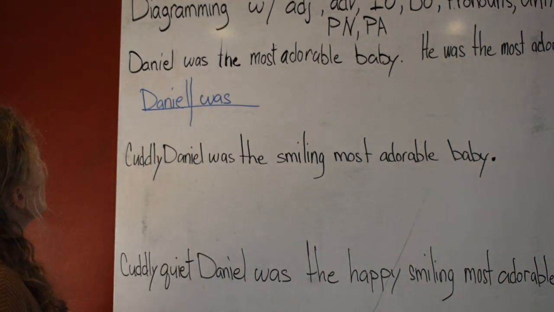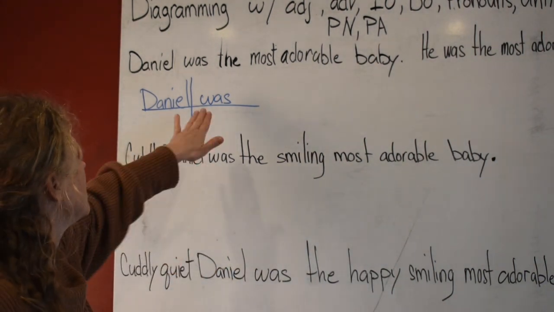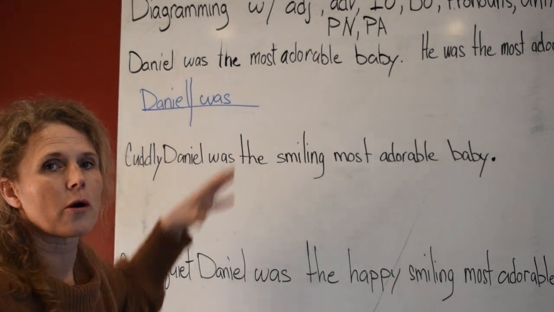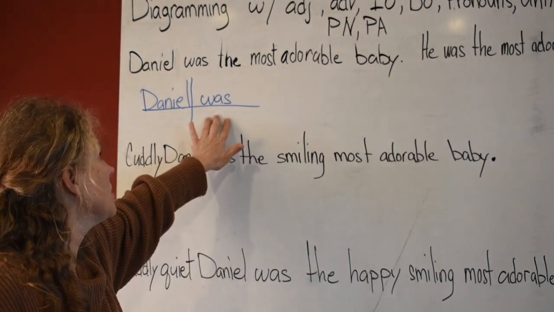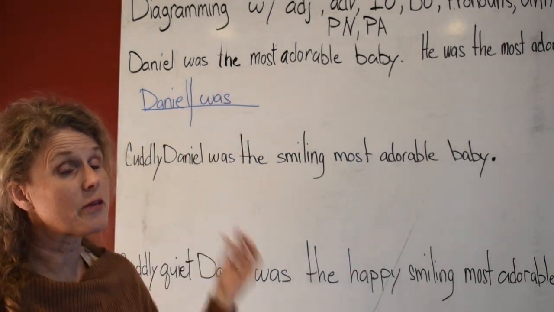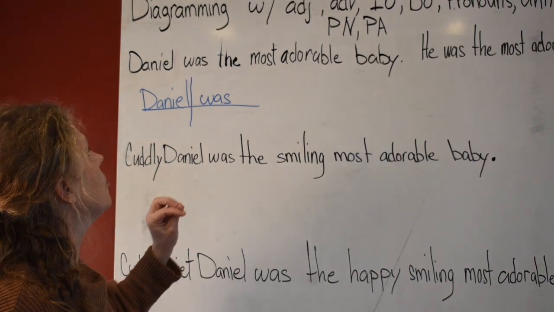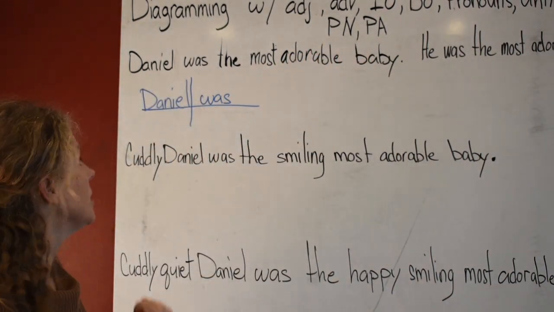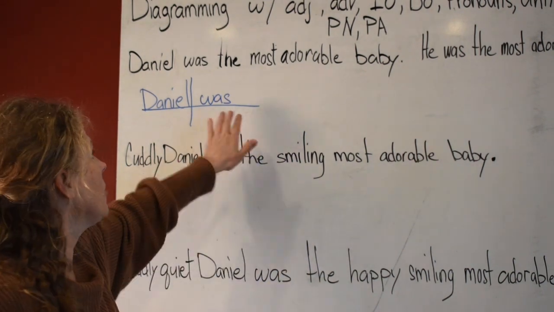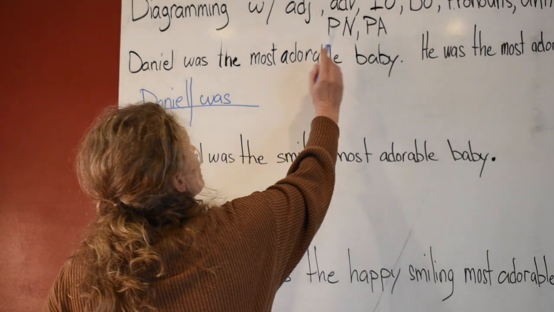Now, if you have was or any of the be verbs in here, those would be the linking verbs also, then you know that you have either a predicate nominative or a predicate adjective right off the bat. If you have nothing that's action, you know you have one of these two.